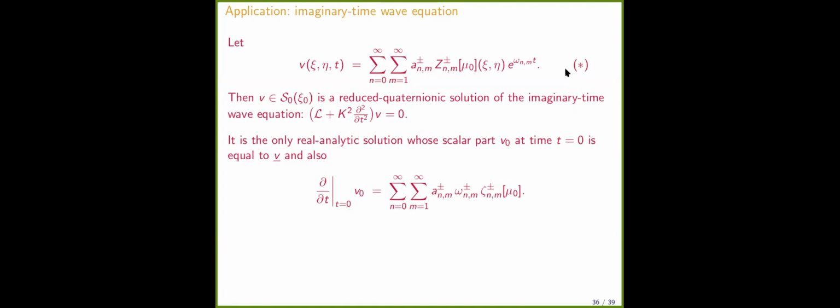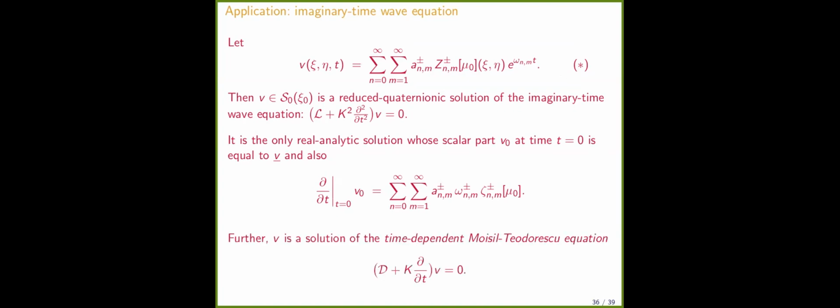And not only that, it's a solution of the time-dependent R3 valued Moisil-Teodorescu equation, taking the D operator plus K times the first derivative with respect to time applied to V is equal to 0.